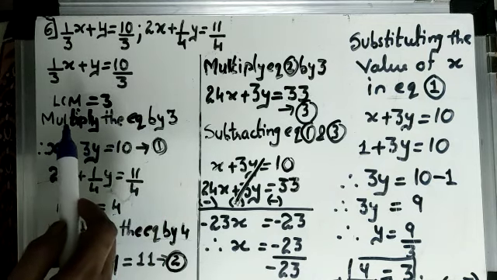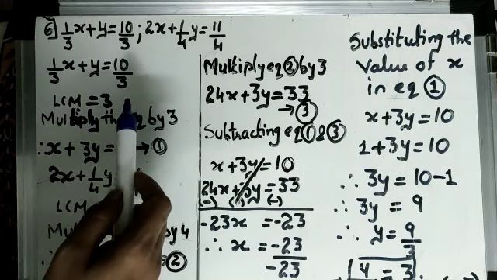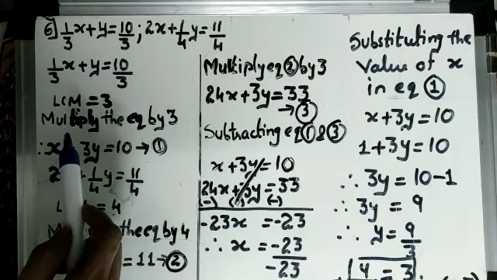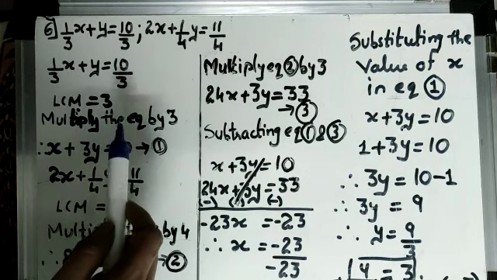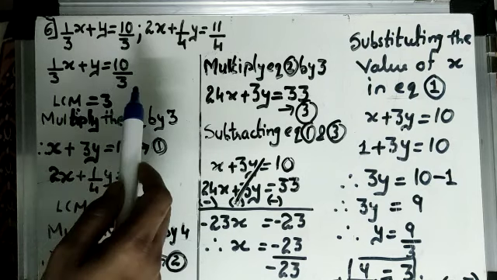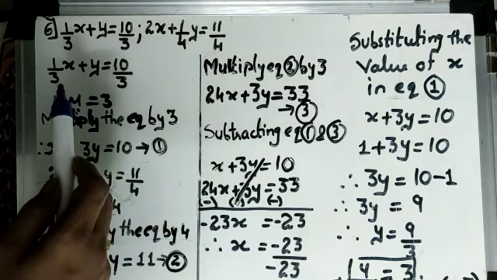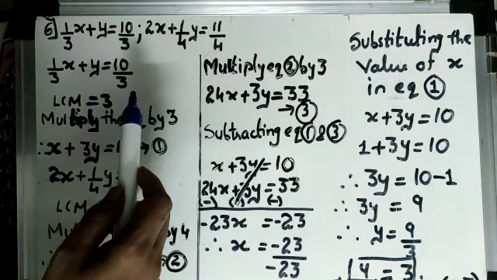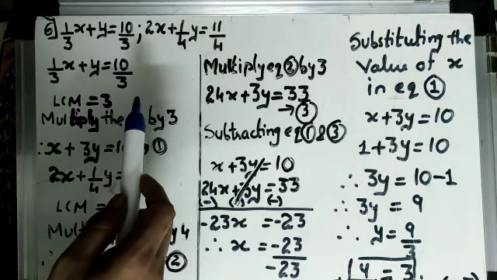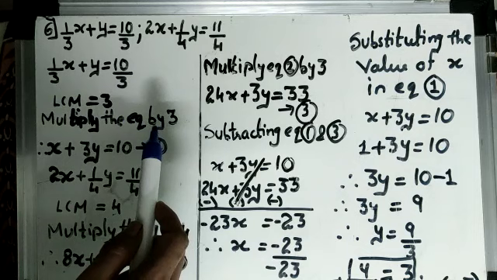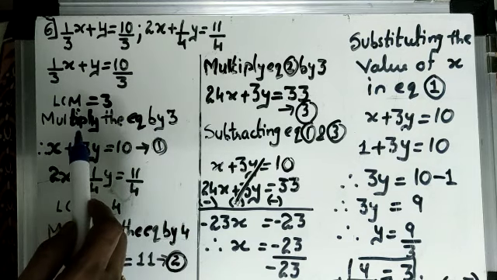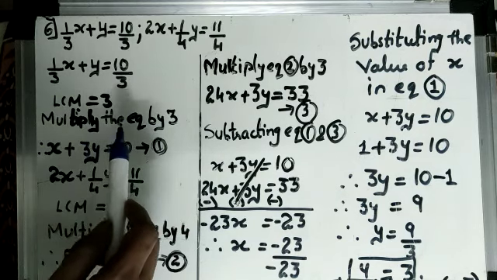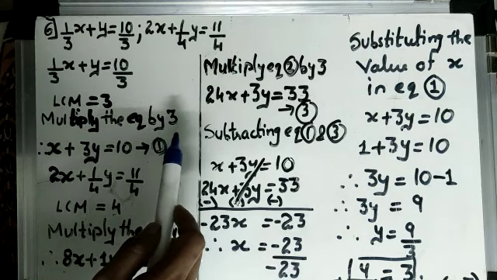Now, whatever the LCM is, you multiply the entire equation by it. That means each and every term of the equation is multiplied by the LCM. So here I have written: multiply the equation by 3.